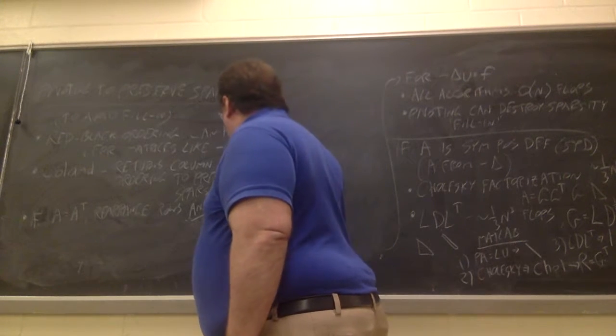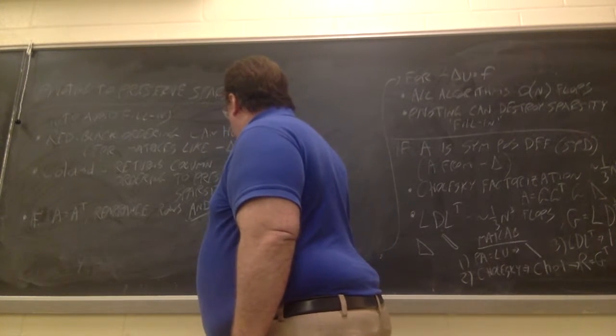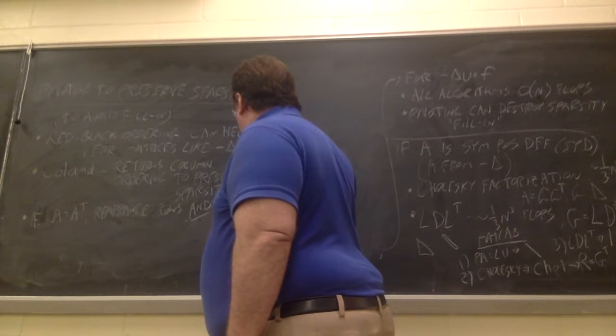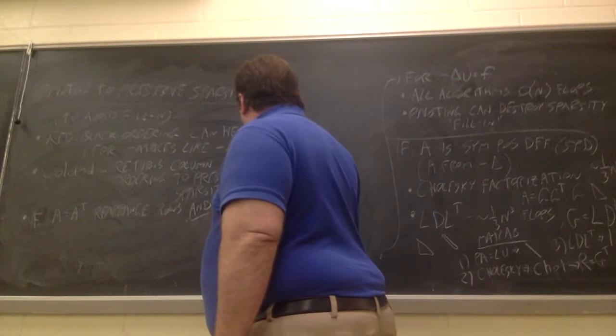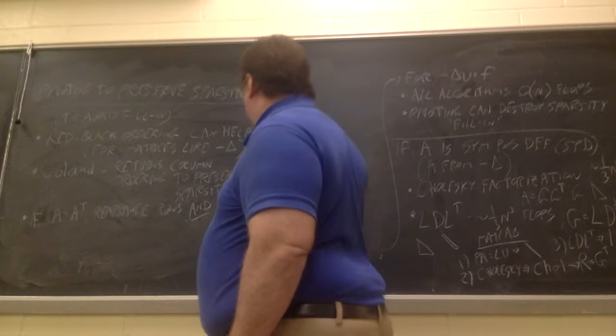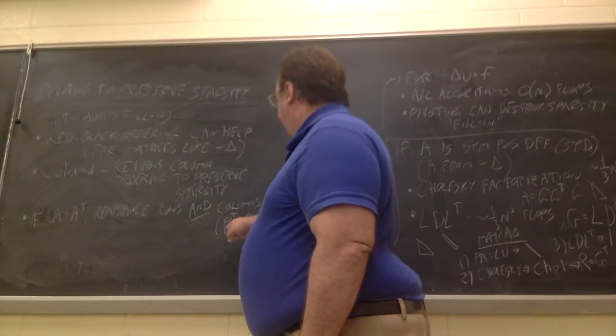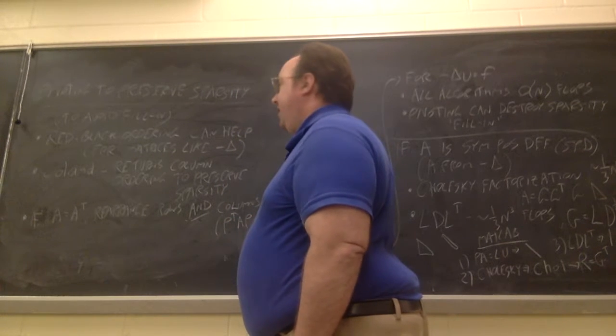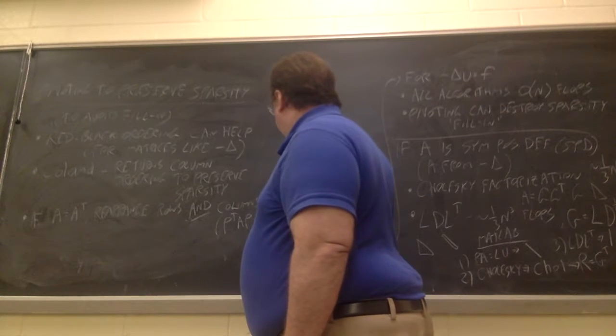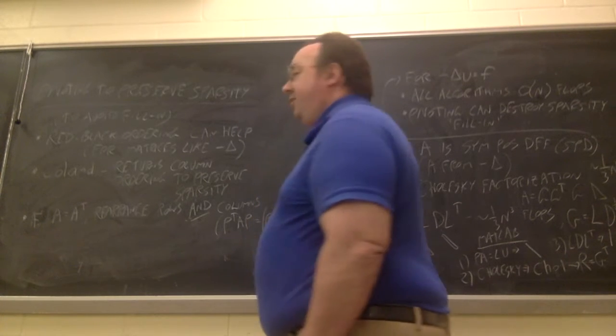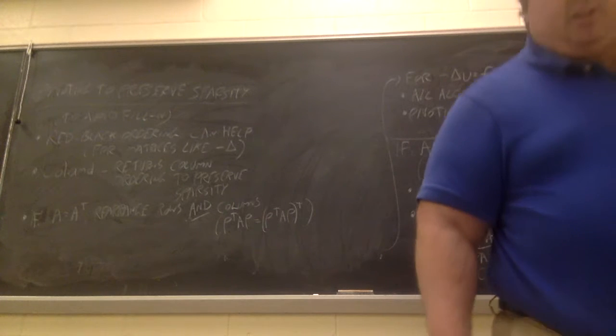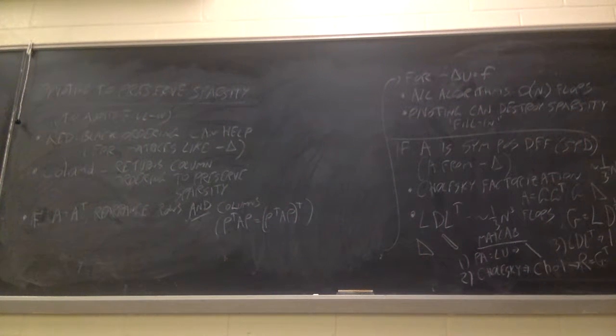Because if I have matrix A, and multiply on the left by P transpose and on the right by P, the result is symmetric. So that's equivalent to applying the same row interchanges to the rows as to the columns.